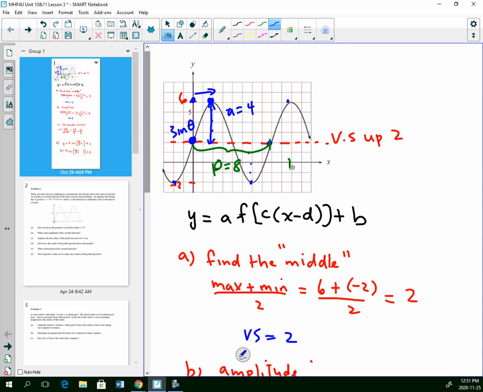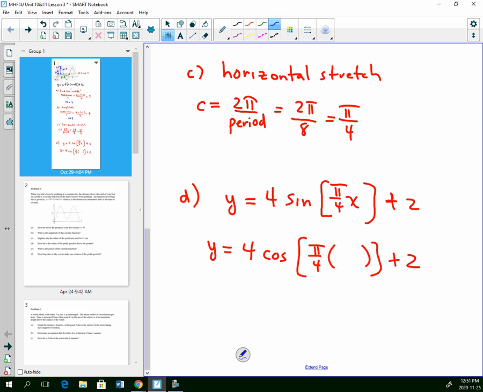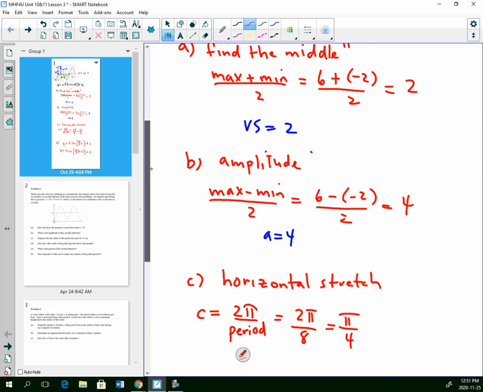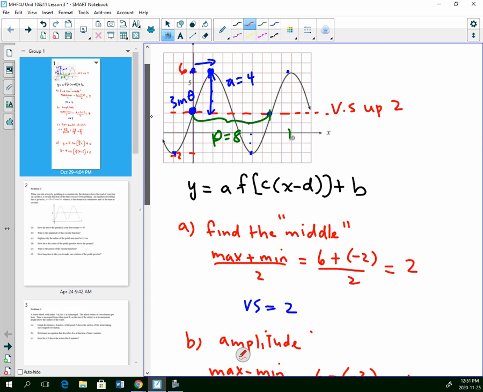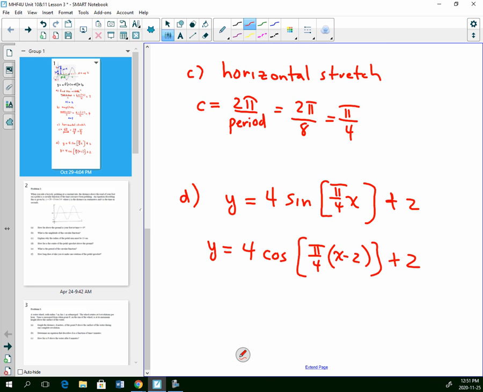I'm measuring from the red line in the middle, so it's 2 units to the right. So cosine would be shifted right 2. You could go left, but usually we go in the positive direction, and I can't see the left anyway, so we'll stick with the right. So that is my equation in terms of sine and in terms of cosine. The only difference will be the horizontal shift. Everything else should stay the same for both equations.